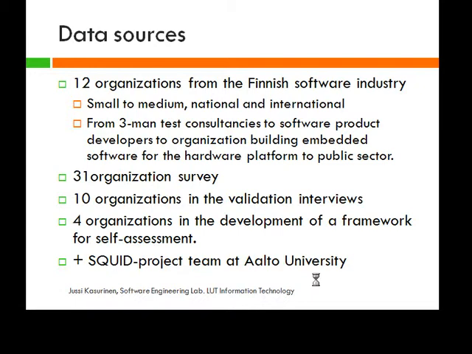So we applied a theoretical sampling where we tried to pick organizations which would be representative of many different types of software organizations.